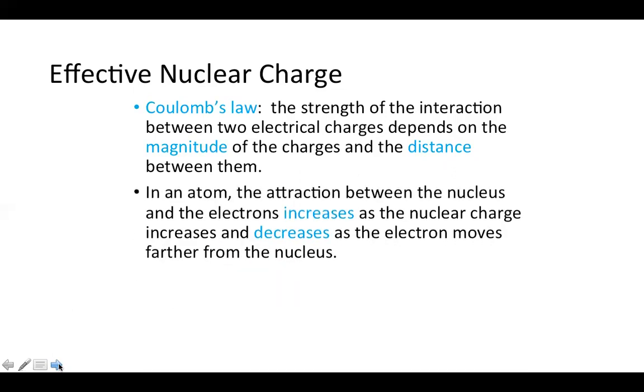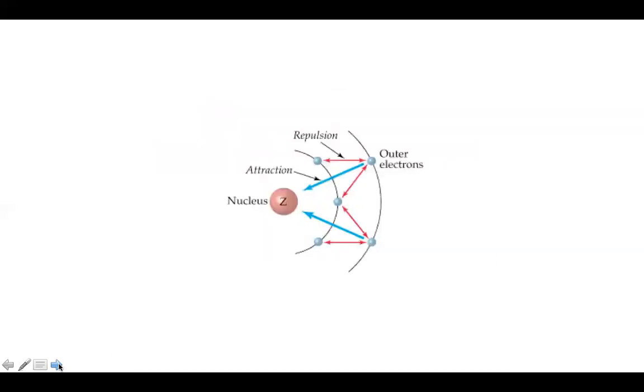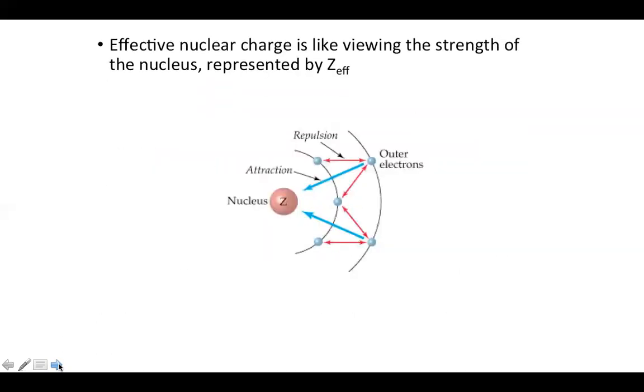So essentially, effective nuclear charge looks at the attraction between the nucleus, with those positive protons, and the valence electrons in an atom. You might see effective nuclear charge represented with Zeff. A lot of times we'll represent the charge of a nucleus with Z, and so then Zeff just tells us it's the effective nuclear charge.